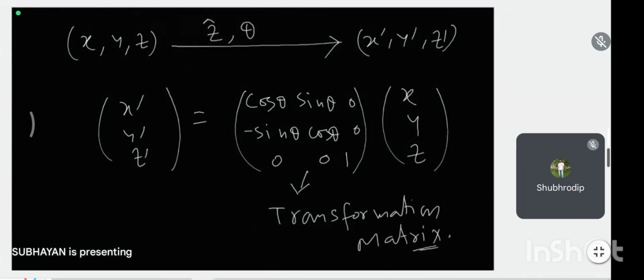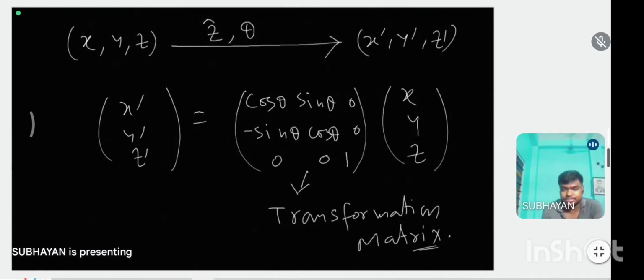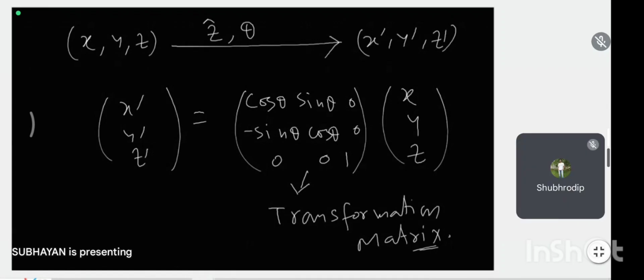Sorry. Any linear transformation can be expressed like this. For any linear transformation, you can write the transformation in terms of multiplication of a transformation matrix, which is a square matrix, with the initial coordinate.